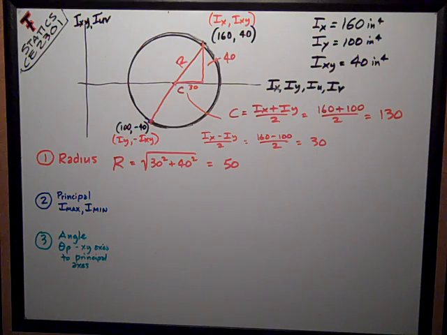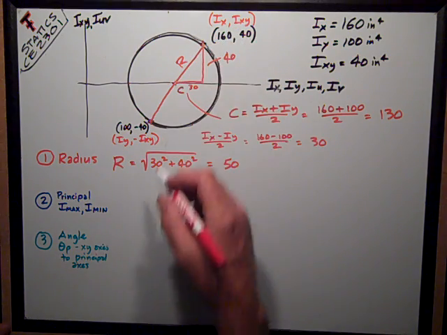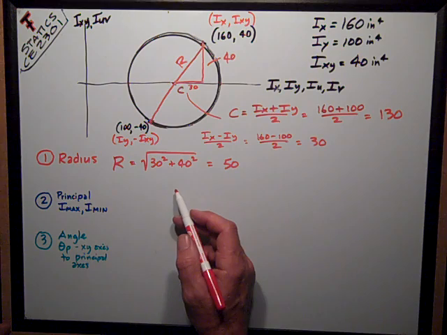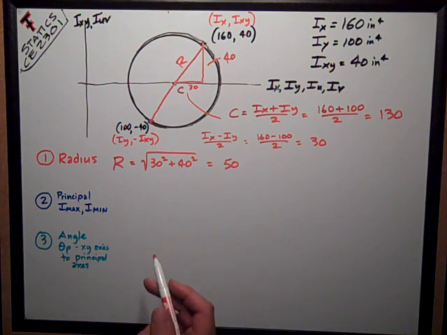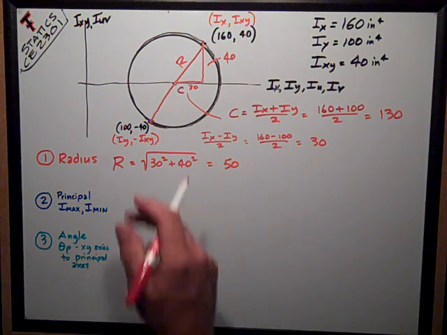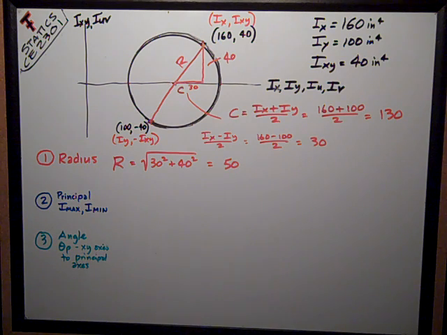So my radius is a length of 50. Now I've got just about everything I need. I'll figure that angle in a minute.